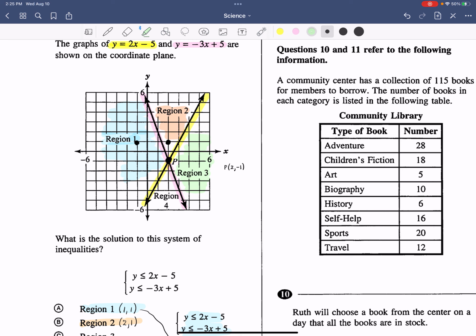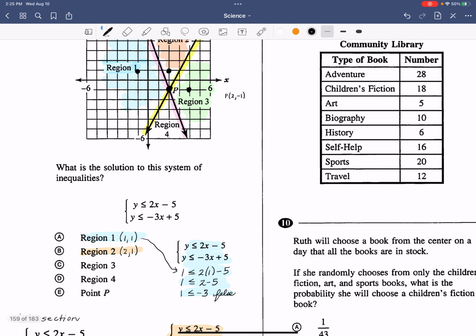Has to be separate from that equation line. So I'm going to use this point right here, which is over 1, 2, 3, 4, and down 1. So over 4 and down 1. I'm using that for this pink region, region 3.